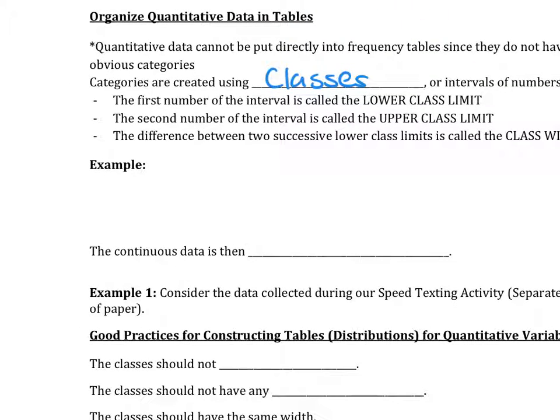So an example, if we had our data and we were going from 0 to 9, and then 10 to 19, and then 20 to 29. So these were our classes. These first three numbers, the 0, the 10, and the 20, are the lower class limits.